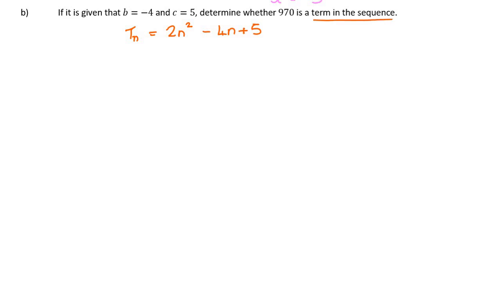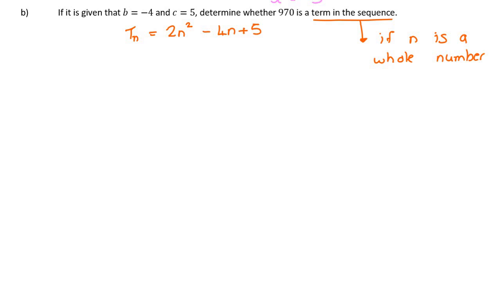Okay, well, how would I know if something's a term in the sequence? A number is only a term in the sequence if its position, which is n, is a whole number. We chatted about this in the previous video, but if a term is in the sequence, its position has to be something that's possible. And the only possible positions you can have are whole number positions.